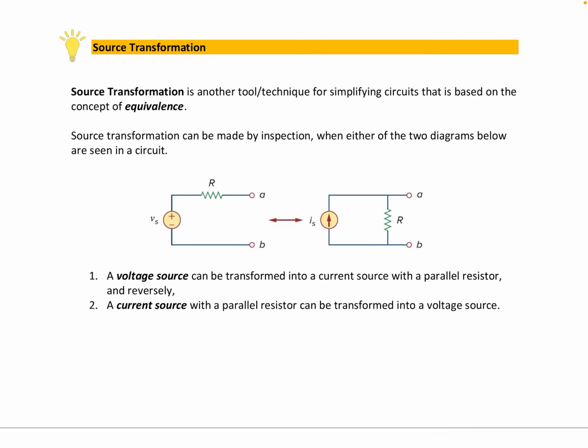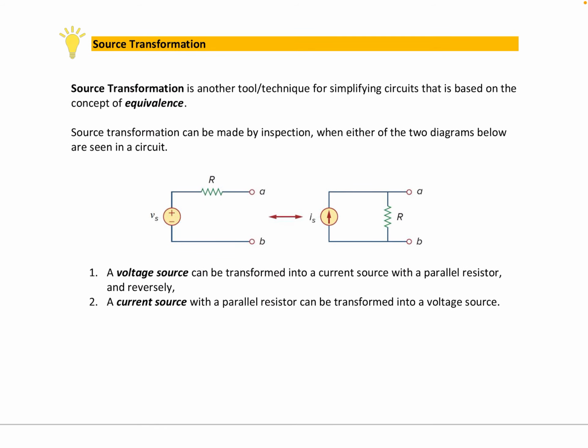So our third topic would be about source transformation. And this is another tool or technique for simplifying circuits that is based on the concept of equivalence. Looking at these two types of diagram, they should be familiar to you as you have tackled them in previous lessons.